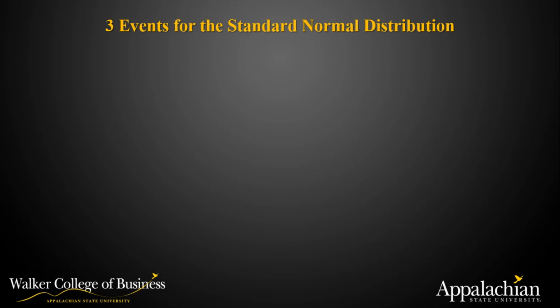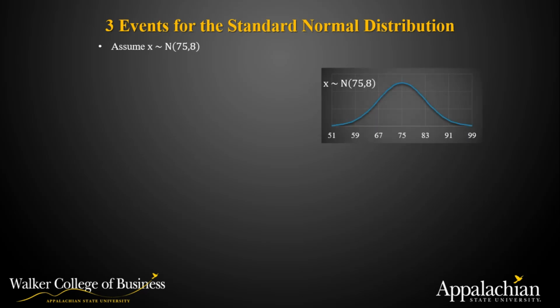Returning to the three types of events that we calculate probabilities for, continuous random variables. Let's again assume that we have a random variable x that is normally distributed with a mean of 75 and a standard deviation of 8. We previously saw the PDF distribution for this variable. Now we're going to apply the formula for our z-score and standardize this normally distributed variable.